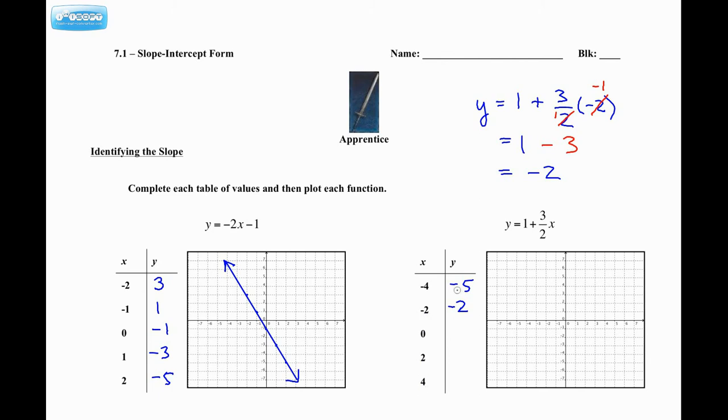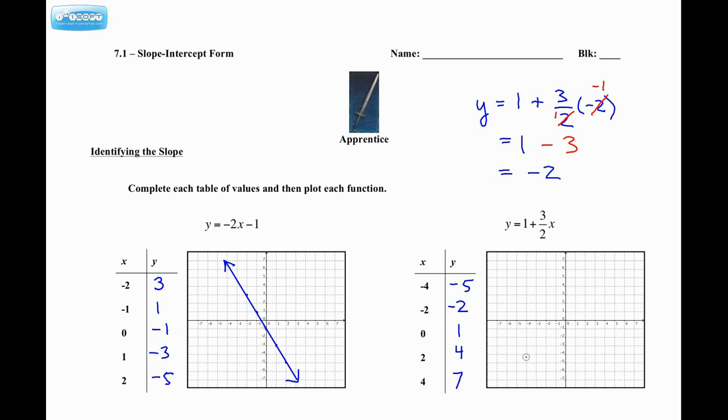And y from negative 5 to negative 2, that's an increase of positive 3. So that pattern has to remain consistent if it's linear. So just keep adding 3 each time. So that gives us 1, 4, and 7. There we go. So let's plot these points now.